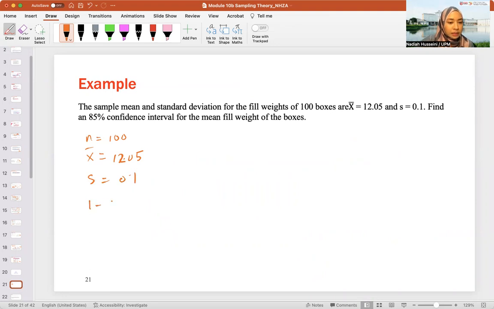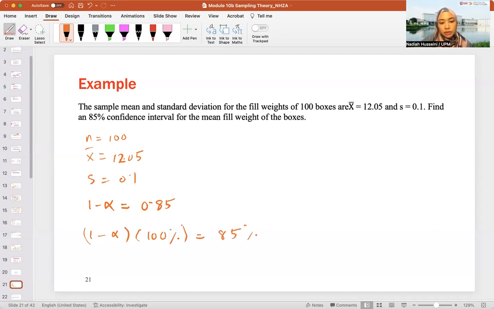So 1 minus alpha would be 0.85, because they asked us to find an 85% confidence interval. Remember, I told you 1 minus alpha times 100% is your confidence interval, which is 85%.